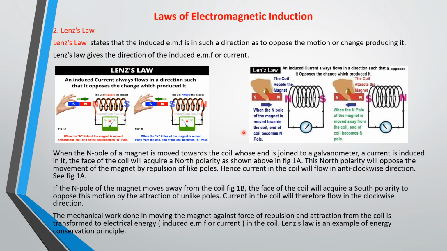Plenty grammar, right? Okay, what this law is telling you is that when you bring this magnet close to the conductor, you know, we have said that there will be an induced EMF, right?